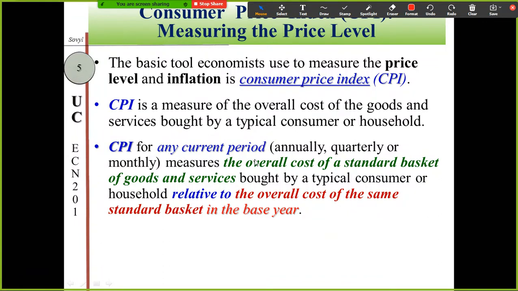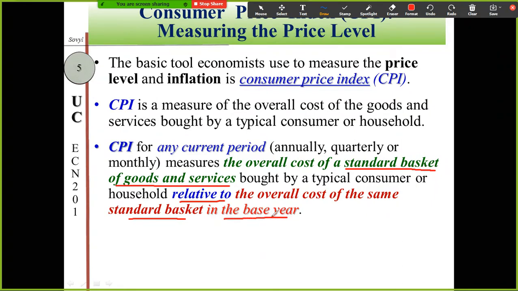CPI for any current period, whether annually (1 year), quarterly (3 months), or monthly (1 month), measures the overall cost of a standard basket of goods and services bought by a typical consumer or household, relative to, compared to, the overall cost of the same standard basket in the base year. Relative to means we use division.